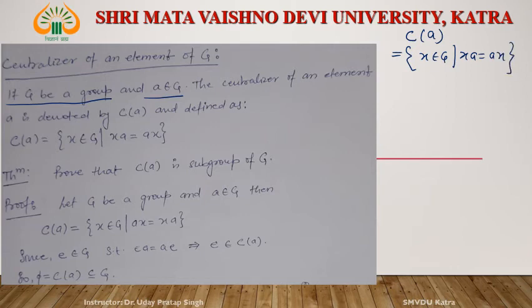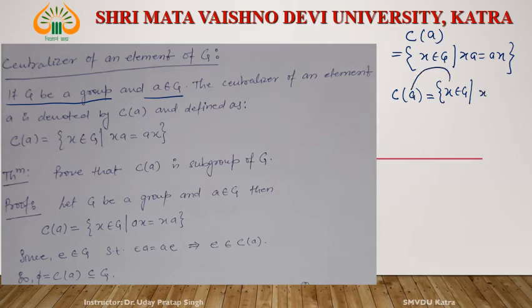It means the centralizer of any element from the group G contains those elements which satisfy the commutative law with that element only. For example, if we evaluate C(a), then C(a) is all those elements of G, that is, of the type x belonging to G, where x satisfies the commutative law with this a.